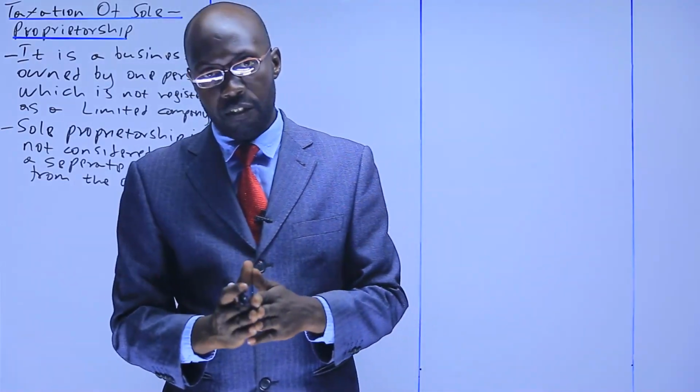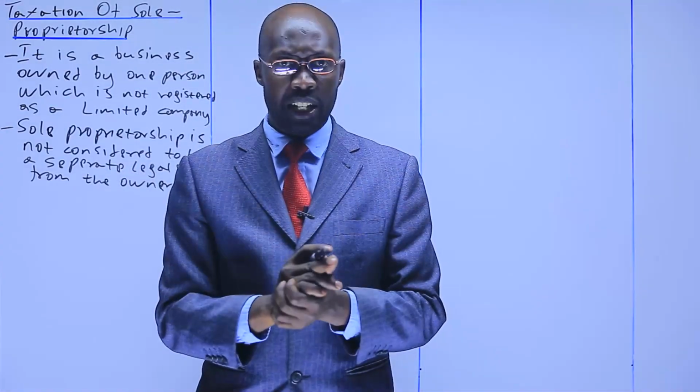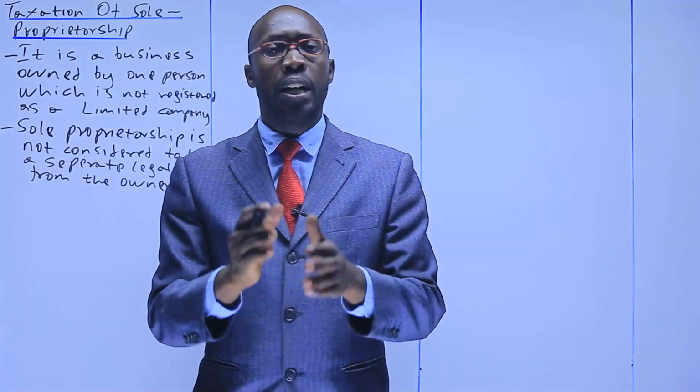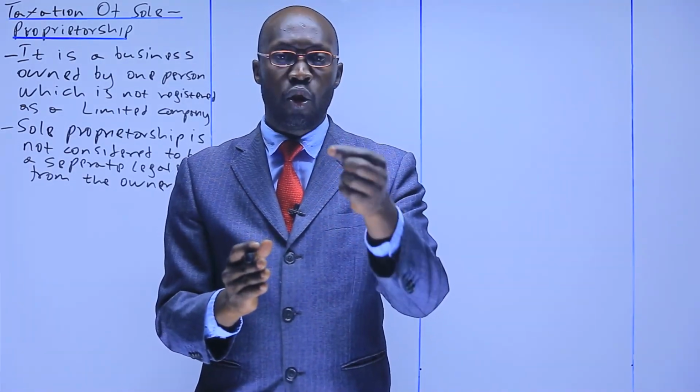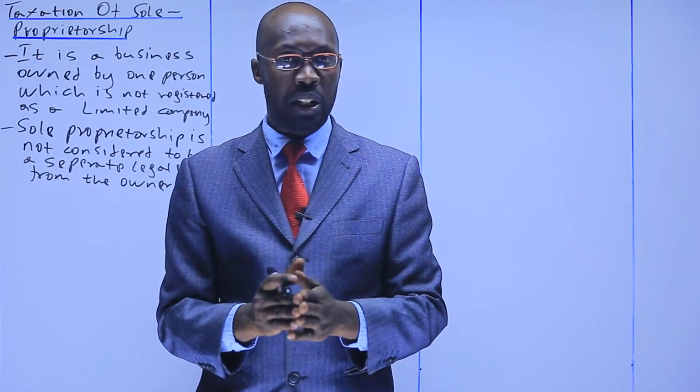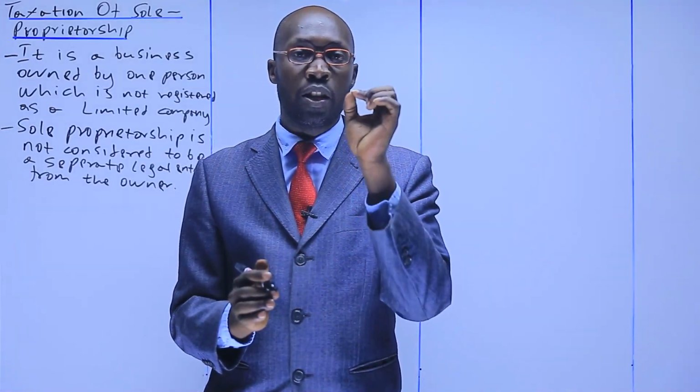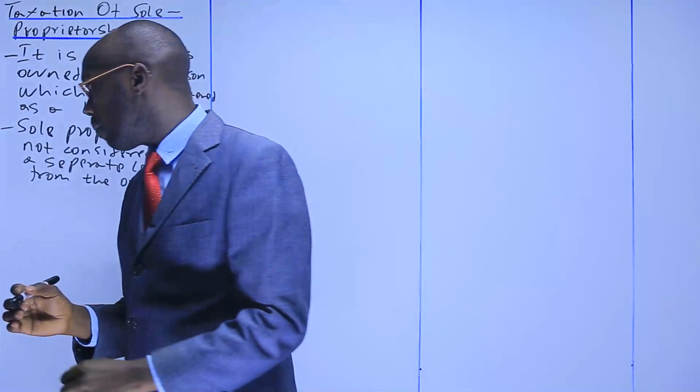Now, that is in the definition. When it comes to the taxation of the sole proprietorship, we are going to look at things that you're supposed to consider before we look at a question. So, what are the things that you're supposed to consider when you are taxing a sole proprietorship business?